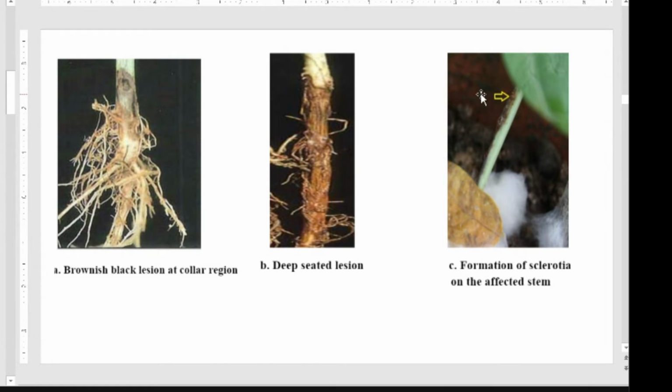This may happen when conditions are very favorable. Some cobweb mycelium can be seen on the ground, or some sclerotia may be seen. But for those things to appear, everything has to be favorable, right?